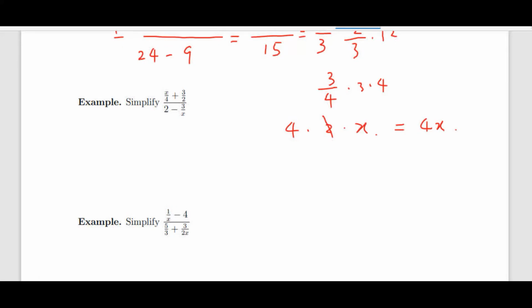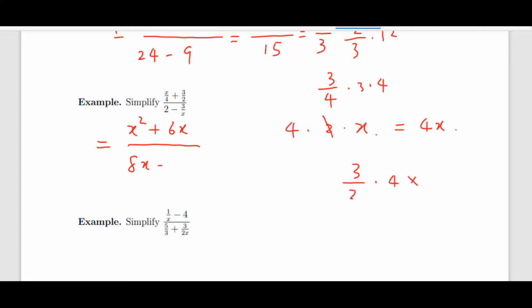For the first term, x over 4 multiplied by 4x equals x squared, right? Then 3 over 2 multiplied by 4x, cancel, equals 6x. 2 times 4x equals 8x.